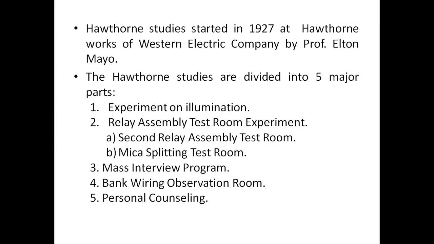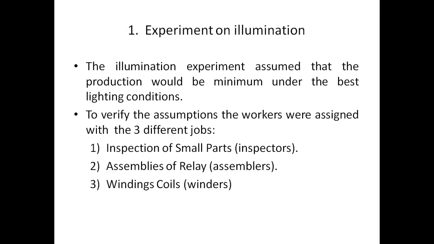Second is the relay assembly test room experiment, which again consists of the second relay assembly test room and the mica splitting test room. The third one is the mass interview program. Fourth is the bank wiring observation room. And the fifth major study was the personal counseling.